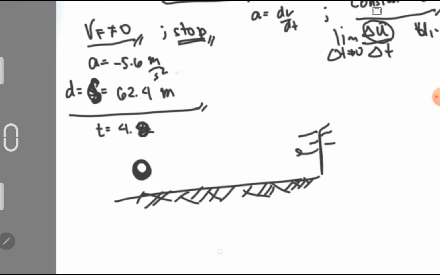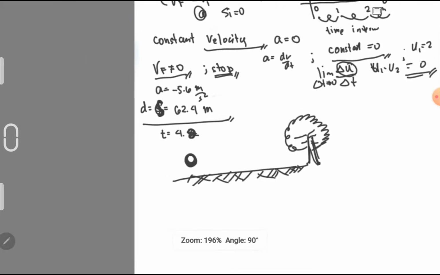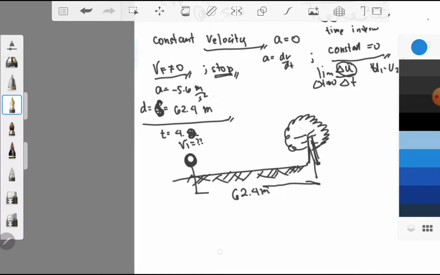Let's say this is the tree. Within this diagram, you have our 62.4 meters, VI which is unknown, and then we have our VF when it hits the tree.